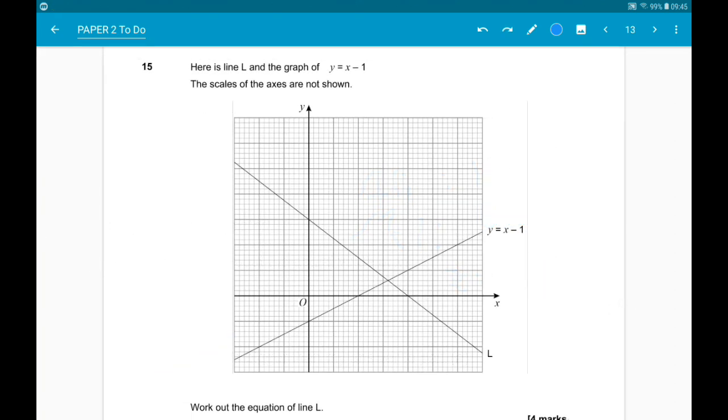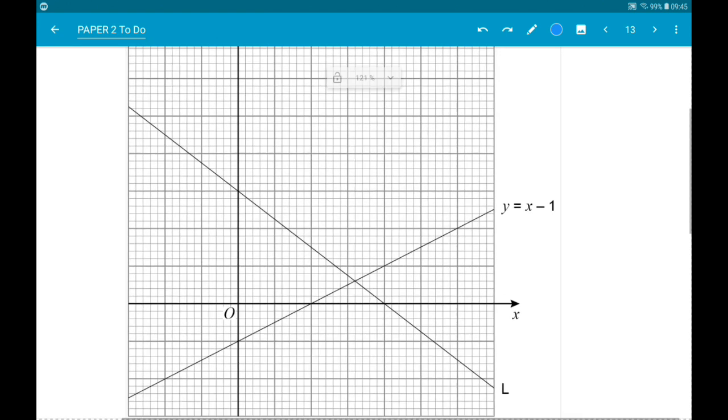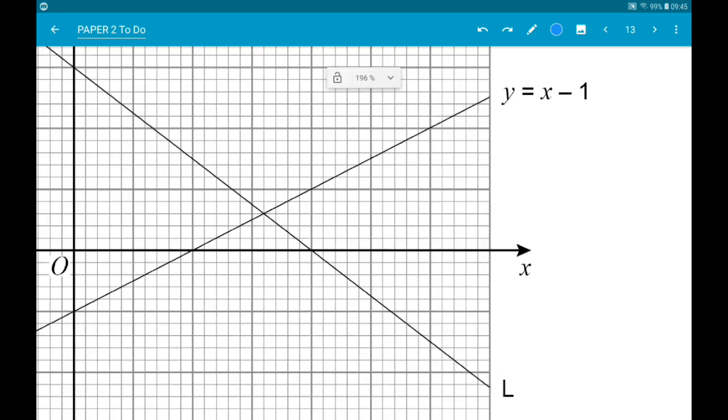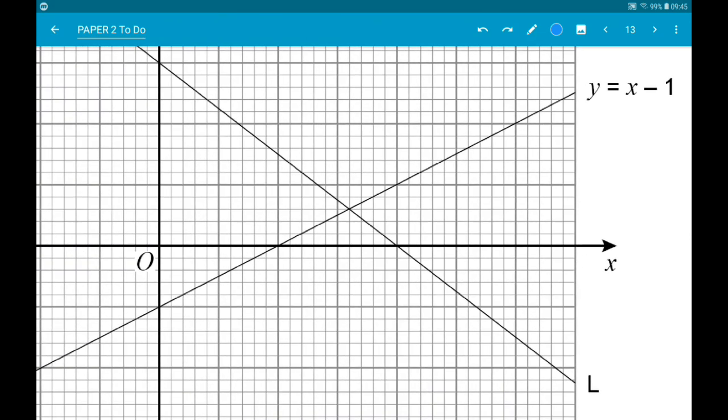Okay, next up, here is the line L and the graph of y equals x minus 1. The scale on the axes is not shown. Work out the equation of the line L. Okay, so to do that, we are going to need to find the scale on the axes. So, y equals x minus 1 is sloping up from left to right.